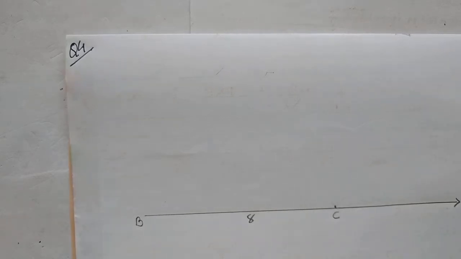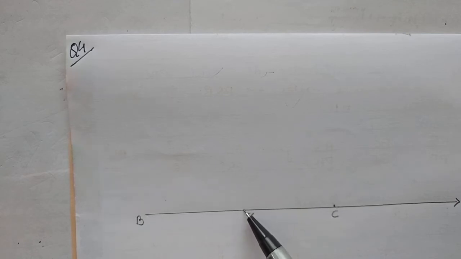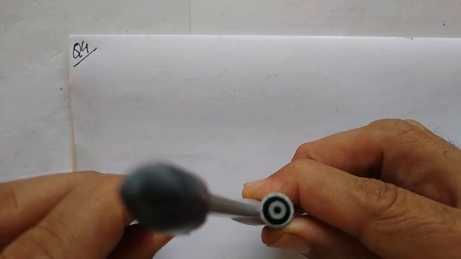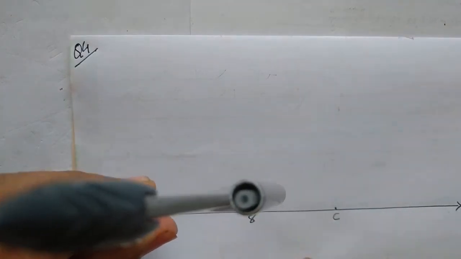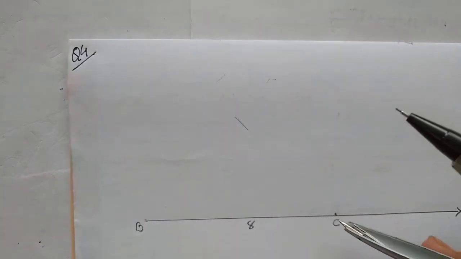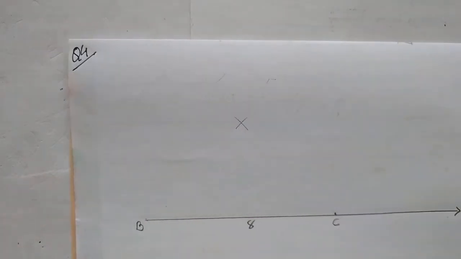So the first step, children, is to find the midpoint of this, and with the help of the midpoint, normally generally here it will come. Generally we take a distance more than the midpoint. So here we take one arc, and from C, another arc.